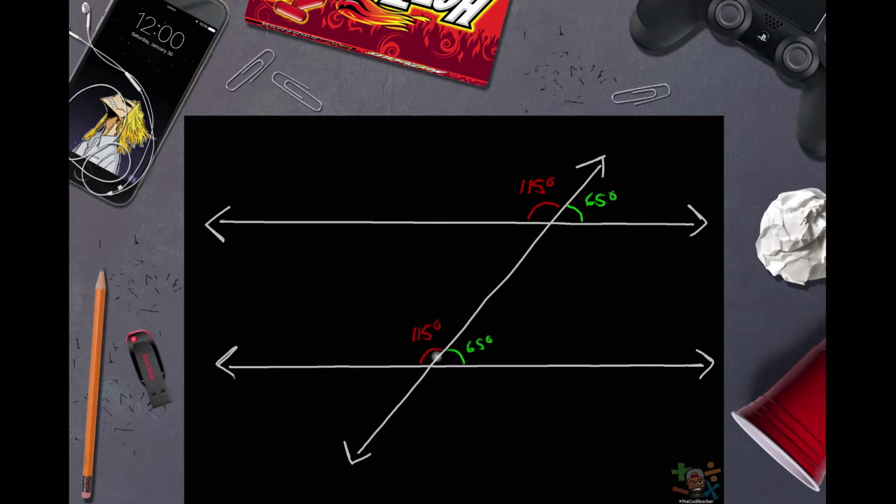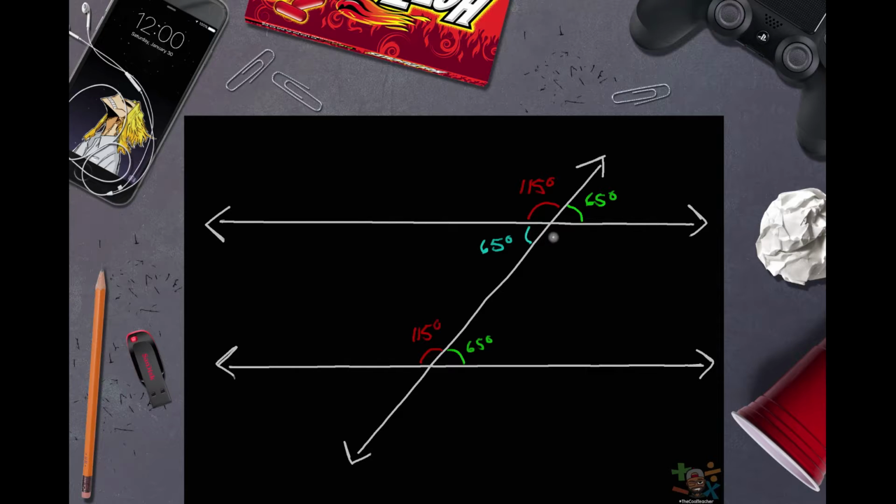But like alternate exterior and alternate interior, we have more angle relationships. It's not just these two, because we have a total of 4 angles in this group. So I'm going to look at this angle. This angle is also going to be 65 degrees.